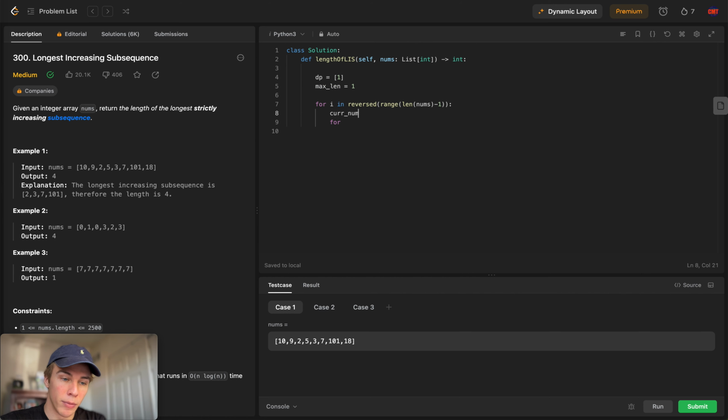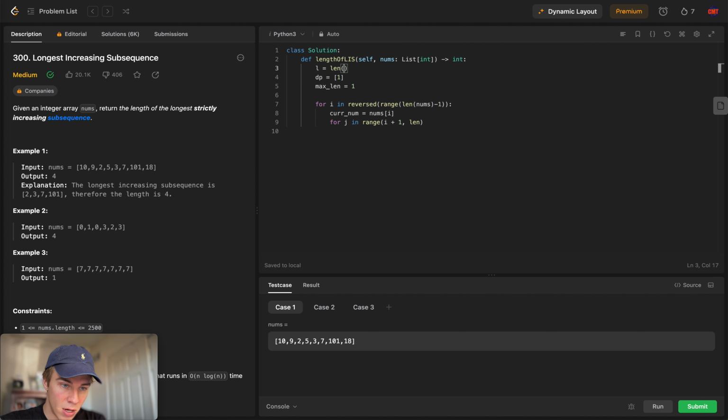Let's have the current number first. The current number that I'm exploring is nums at i. Then for j in, and now I have to pick out a range. It's going to be from i plus 1 to length of nums.